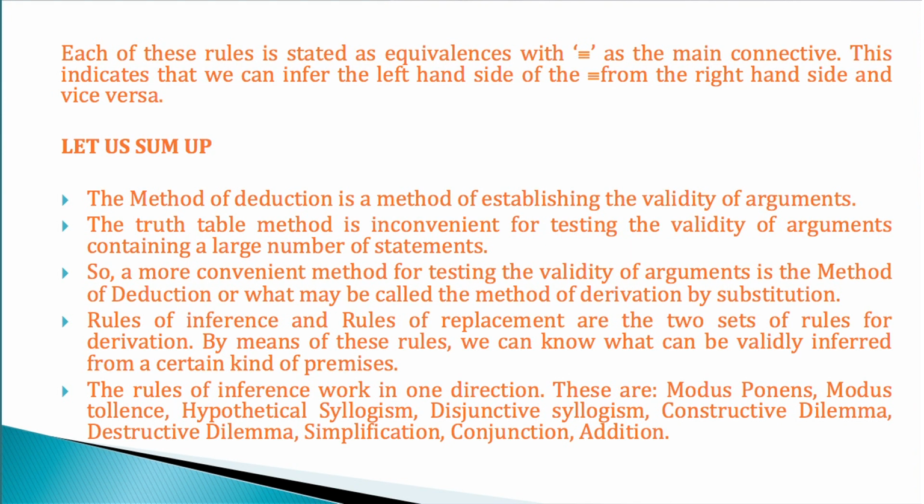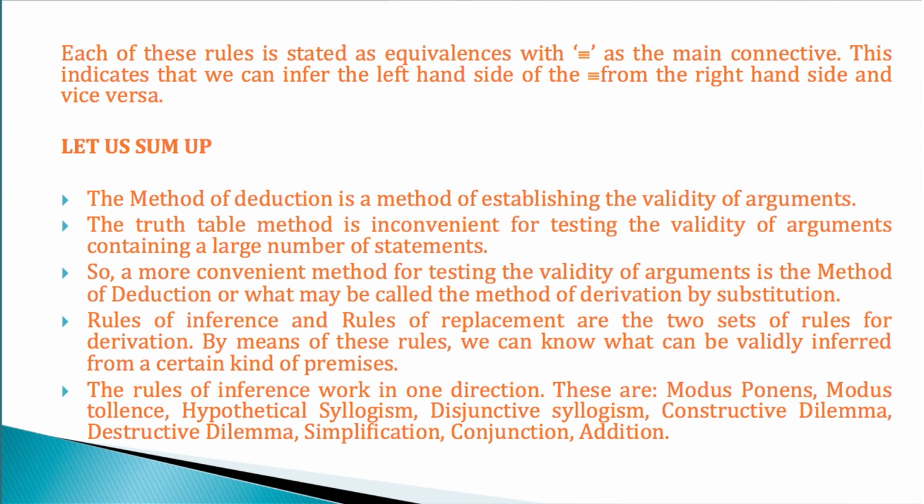A more convenient method is the method of deduction, or what may be called the method of derivation by substitution. Rules of inference and rules of replacement are the two sets of rules for derivation. By means of these rules, we can know what can be validly inferred from a certain kind of premises.